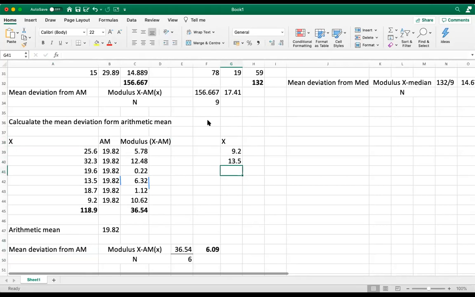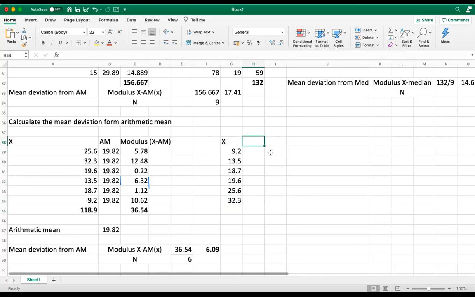I'll get 18.7, 19.6, and then I have 25.6, 32.3. Okay? So, what is my median here?